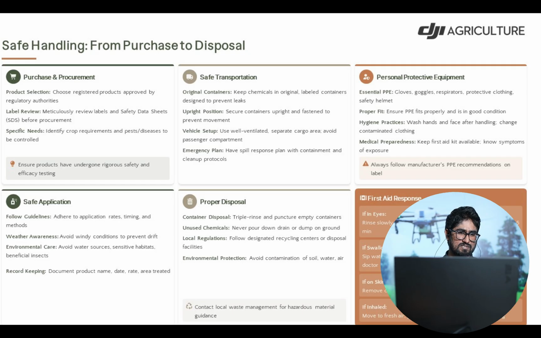Next, safe application. We must follow guidance and adhere to application rates, such as timing and methods. We should also consider weather awareness around us. We should avoid windy conditions to prevent drift, otherwise efficiency is reduced in application. For environmental care, we should avoid water sources and sensitive habitats for beneficial insects.